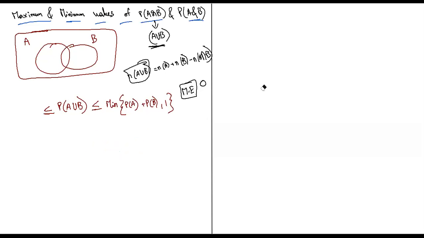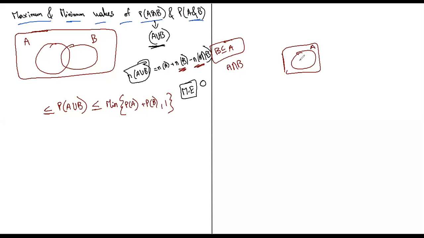B is a subset of A. Yeah, good. When one of them is a subset of the other, very good. See, if one of them is a subset of the other, let us say B is a subset of A. If set B is a subset of A, then what is A intersection B? B. Yeah, good.